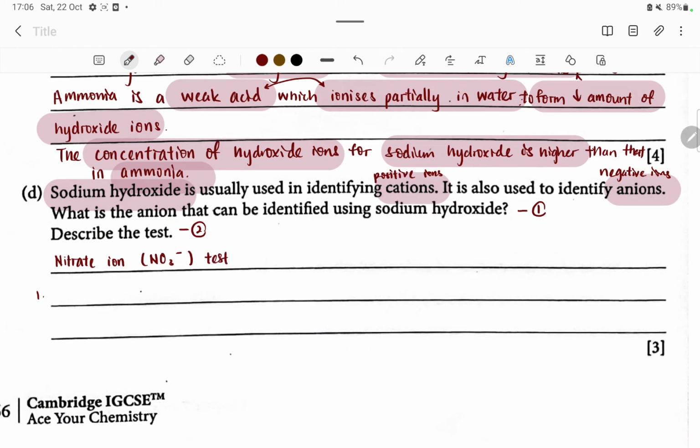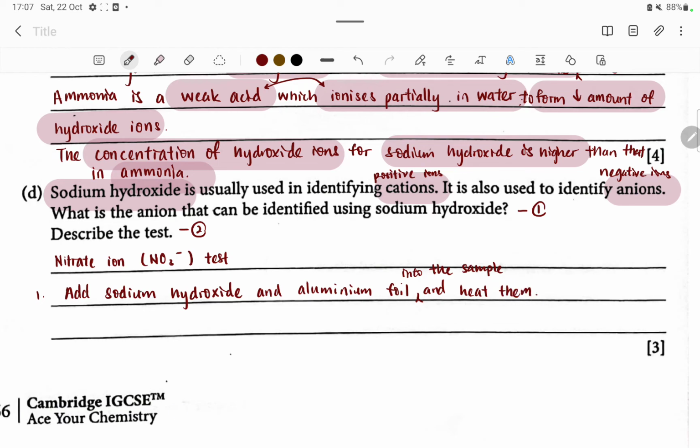This one, we add sodium hydroxide and aluminium foil into the substance lah, sample, and heat them.